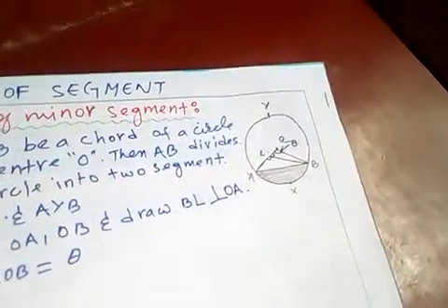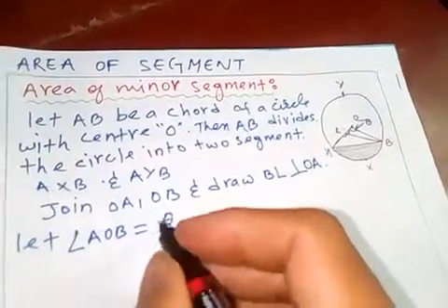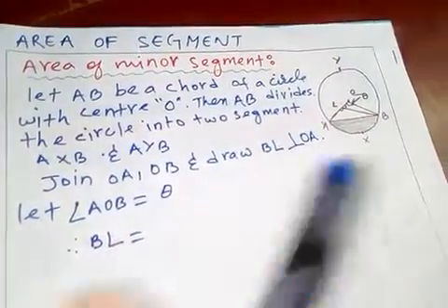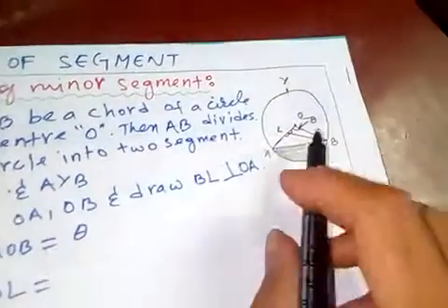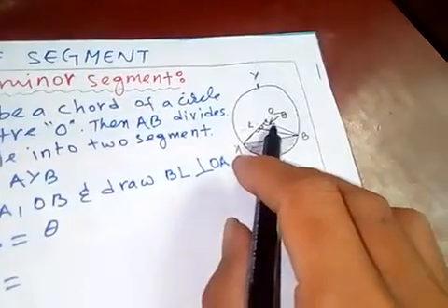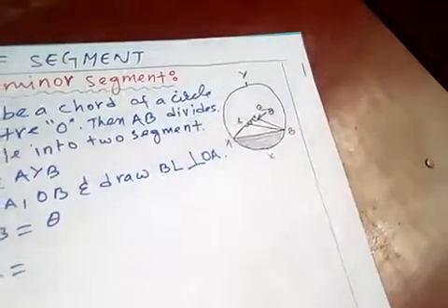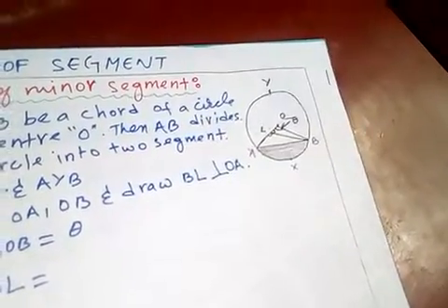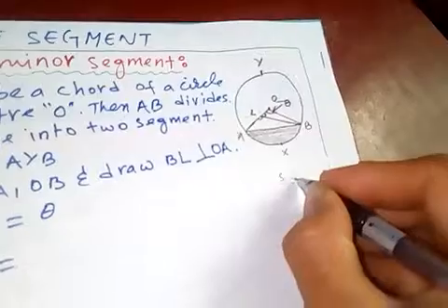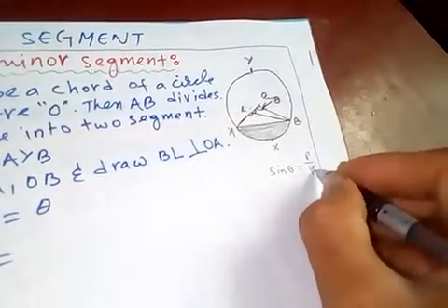From that I want to find BL. Since this is a right angle triangle and this is theta, we use the sine definition. Sine theta is perpendicular by hypotenuse.